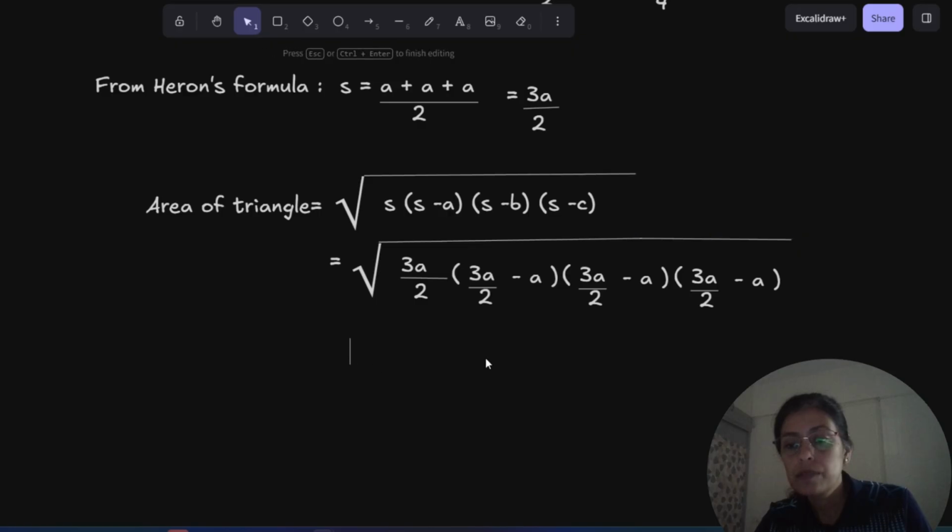Let's take this. So you can write it here as, now 3A minus A by 2, what is it? This is going to be 3A minus 2A by 2. This means A by 2, right?